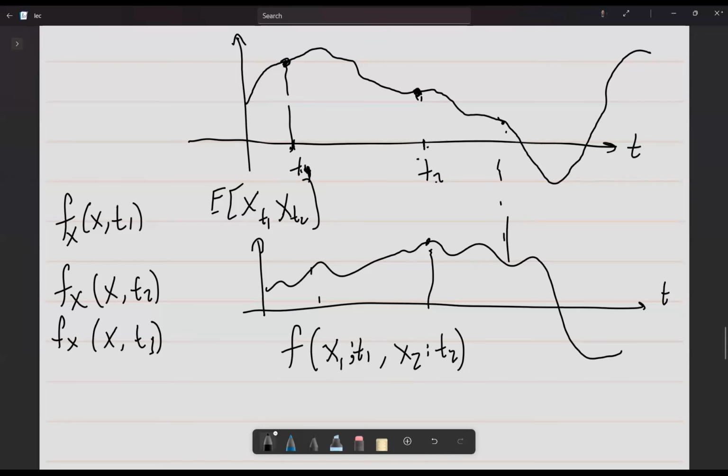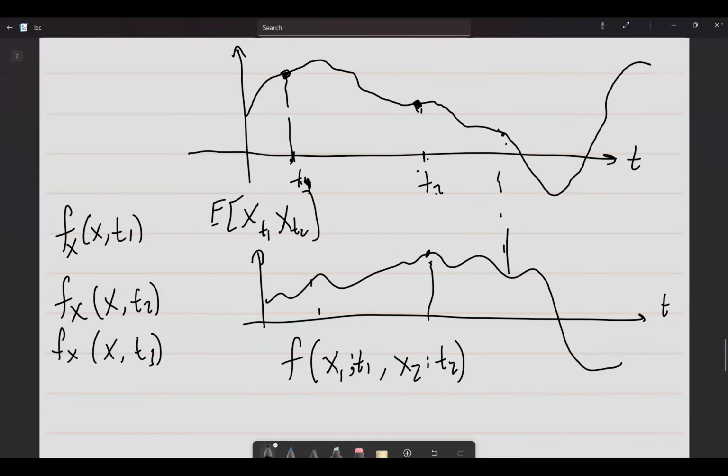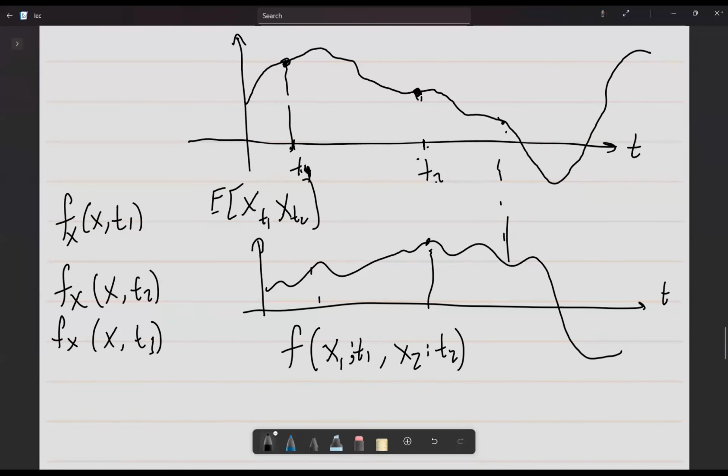However, fortunately, most of the signals that we are dealing with, at least in electrical engineering and also in communication, are what is known as stationary signals. A stationary signal means that all these distributions are the same.